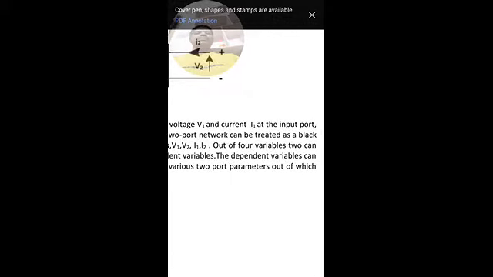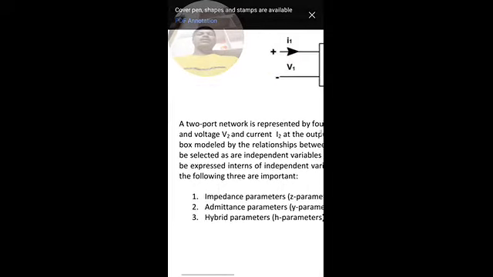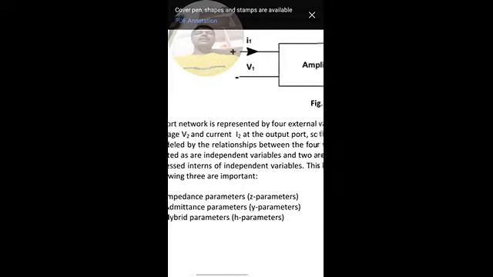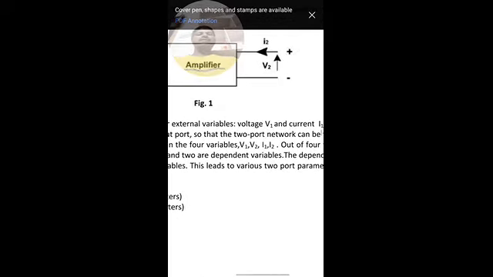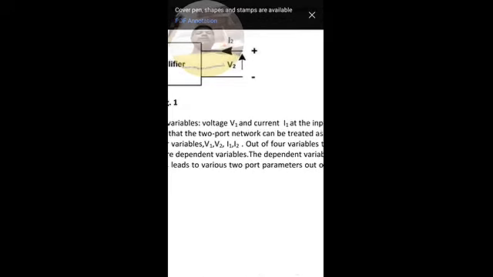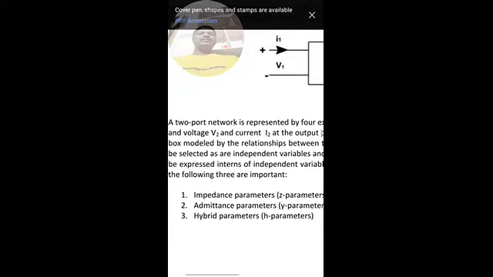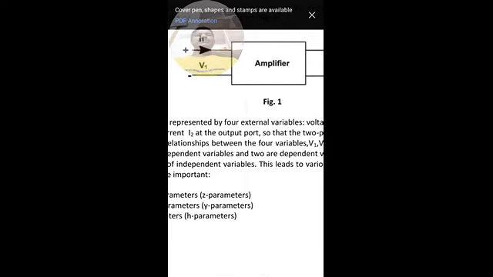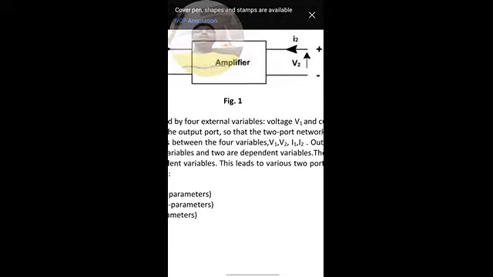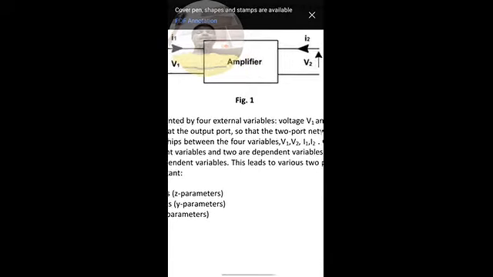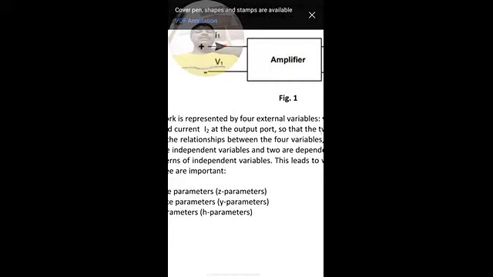Out of the four variables, two are selected as independent variables and two are dependent variables. The dependent variables are represented in terms of the independent variables.